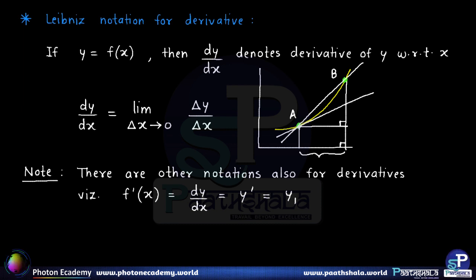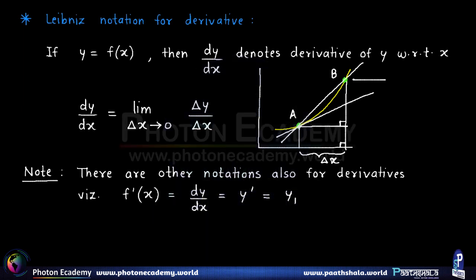we see that the difference in x coordinates of A and B is nothing but delta x, correct? And similarly the difference in their y coordinates is nothing but delta y.